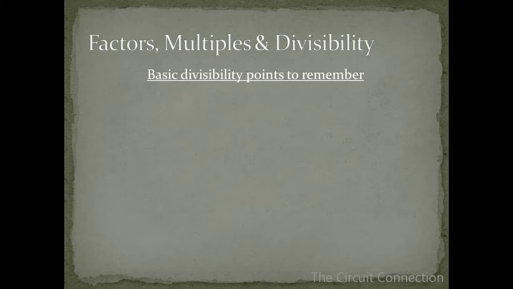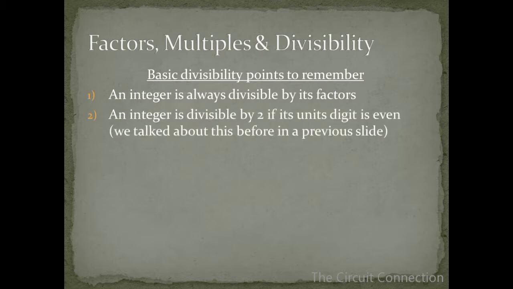Basic divisibility points for us to remember are: number 1, an integer is always divisible by its factors. An integer is divisible by 2 if its units digit is even, and we talked about this before in a previous slide.